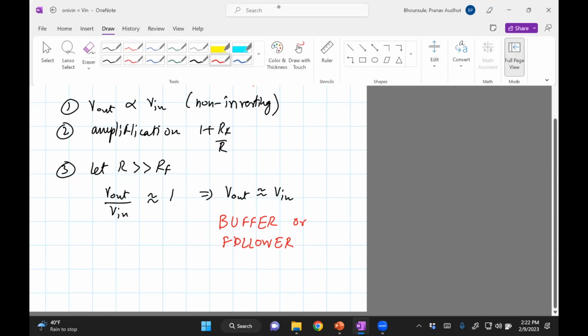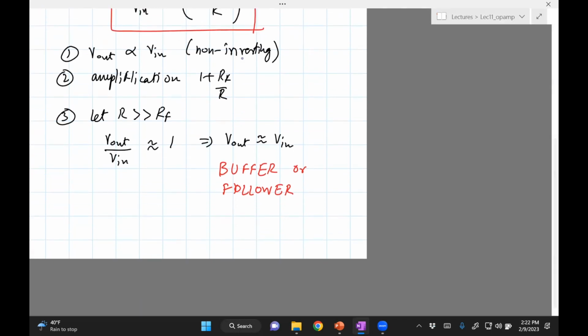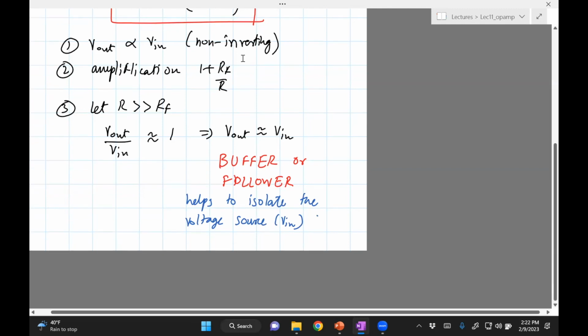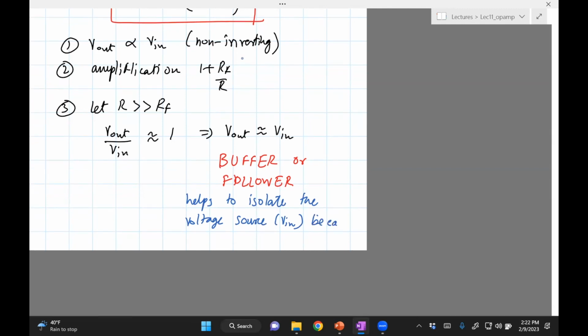And the reason why it is used is this helps to isolate the voltage source, the voltage source being V input, because of the high resistance.